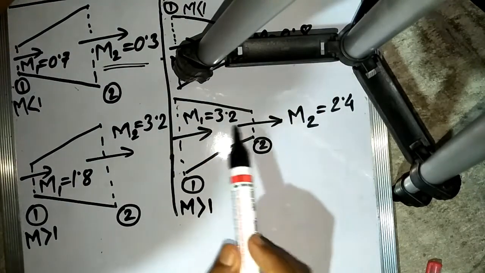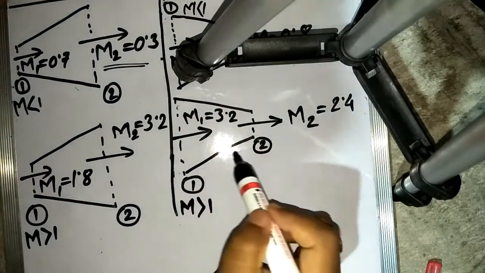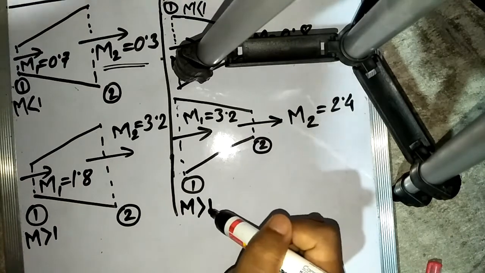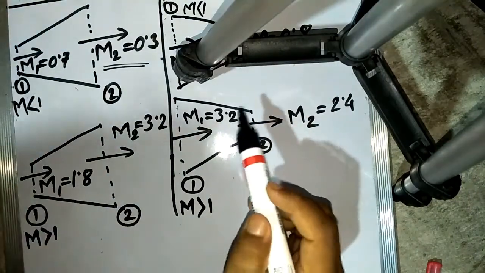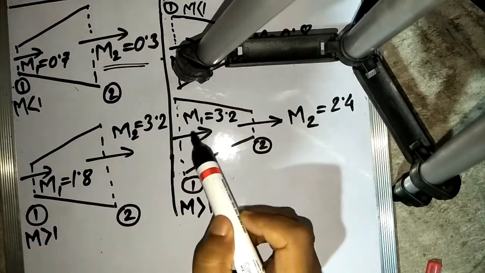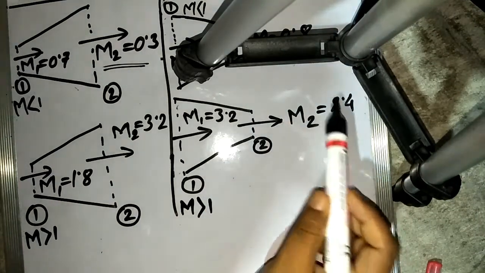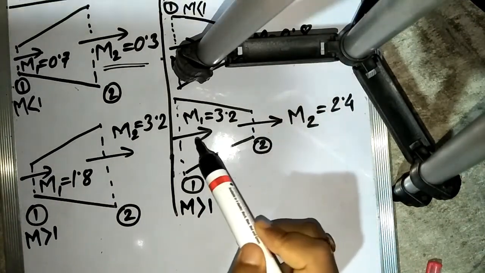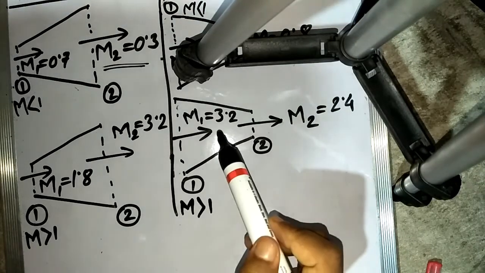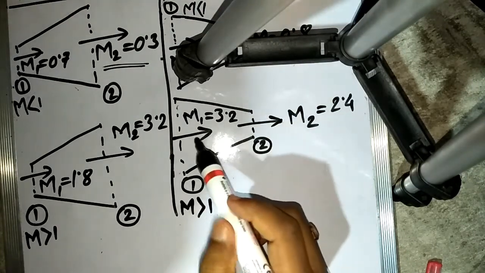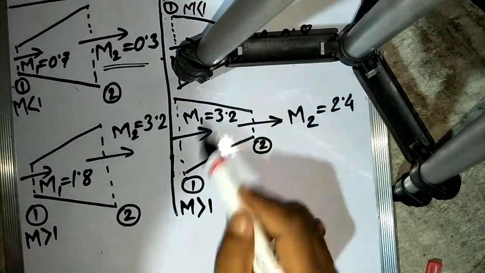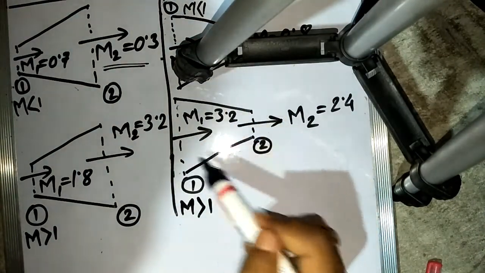Now come to case number 3. This is the convergent type duct where the inlet Mach number is greater than 1, and the outlet Mach number gets decreased. So in the case of a convergent duct with inlet Mach number greater than 1, it will act as a diffuser.